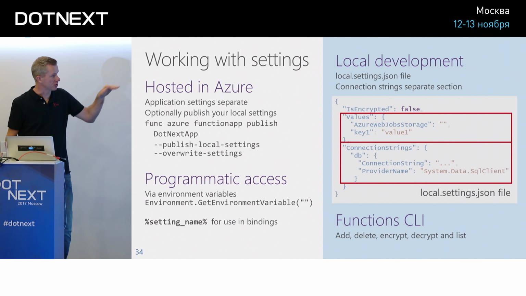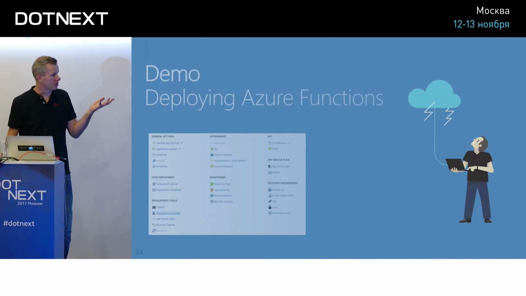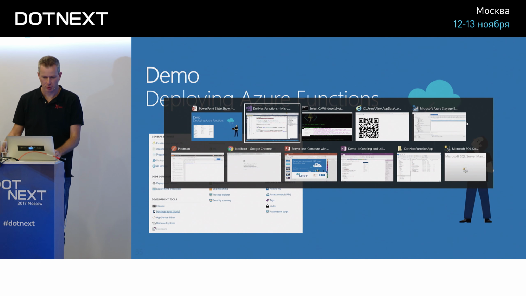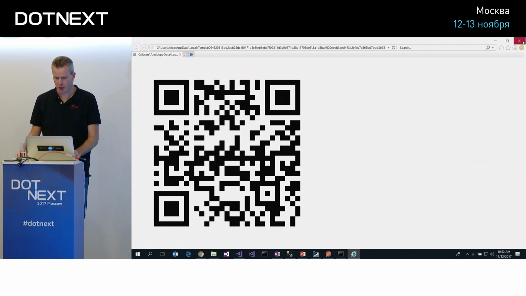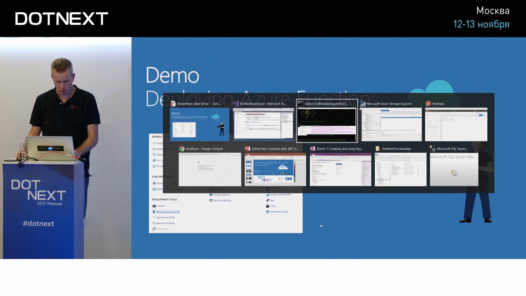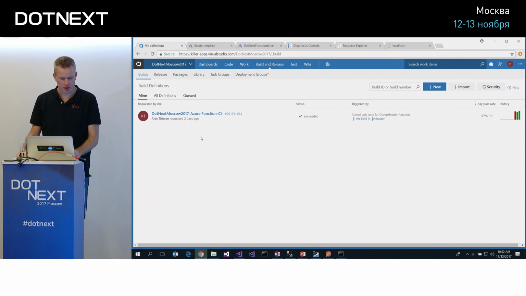You also have a separate section for connection strings, and your functions command line interface can interact with all of them. So for the final part, let's go to here. This is VSTS. I've created this build pipeline, going there.